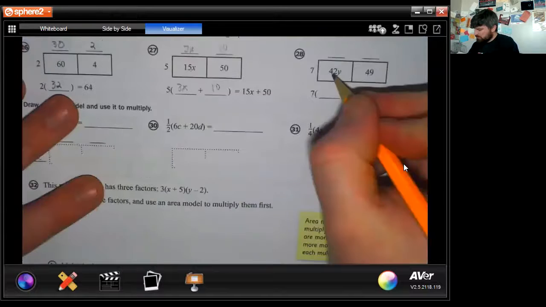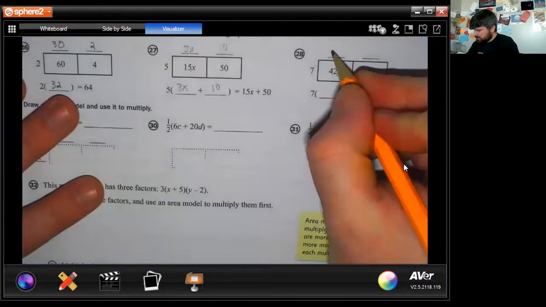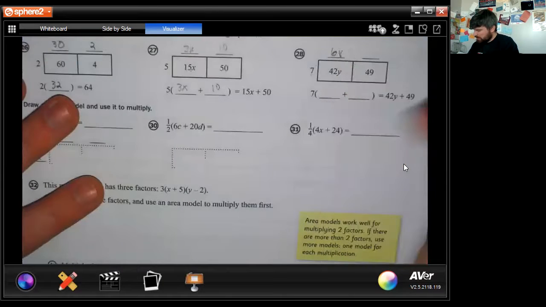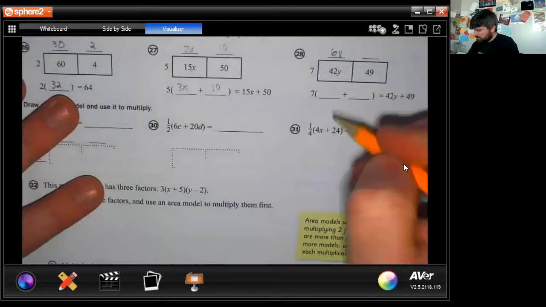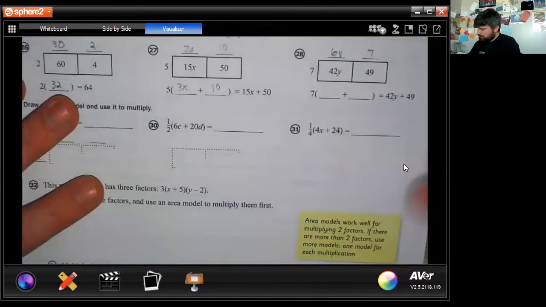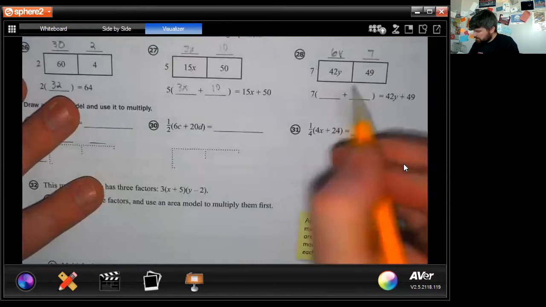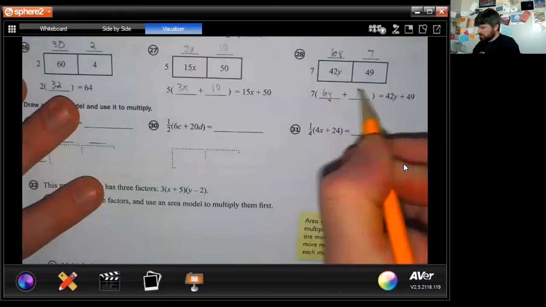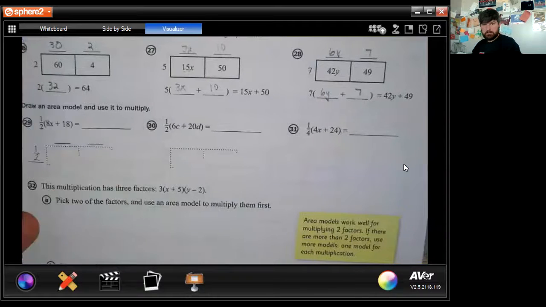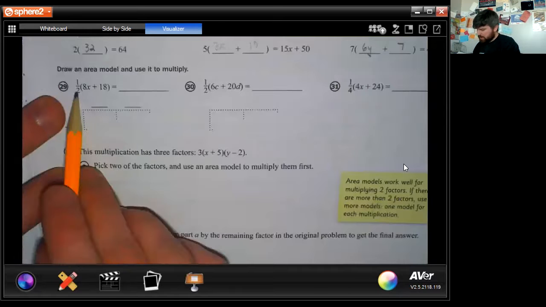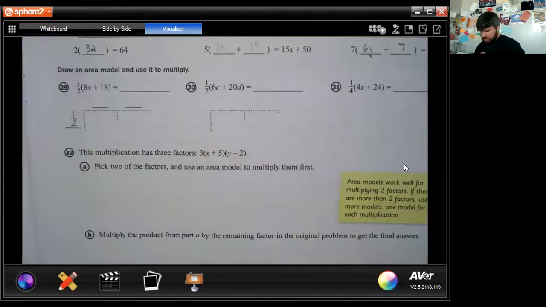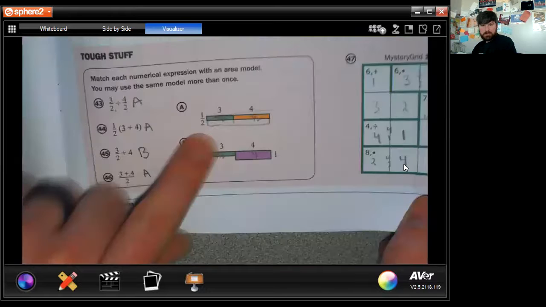So 72 divided by 7 is 6, and I need the y. And 49 divided by 7 is 7. So then here we have 6y plus 7.